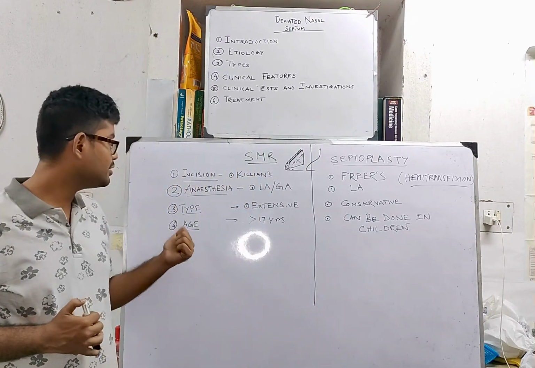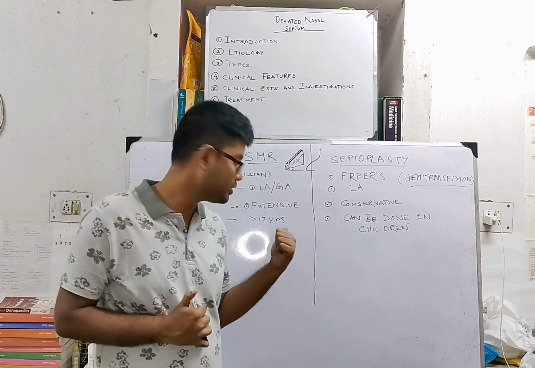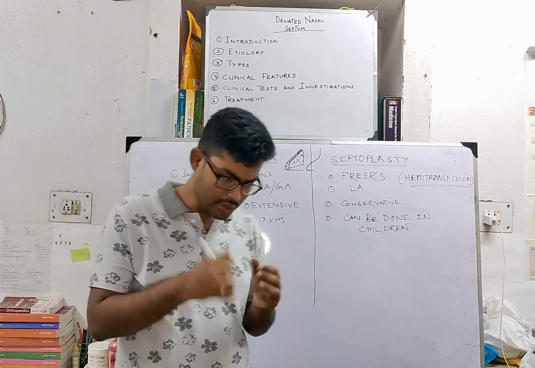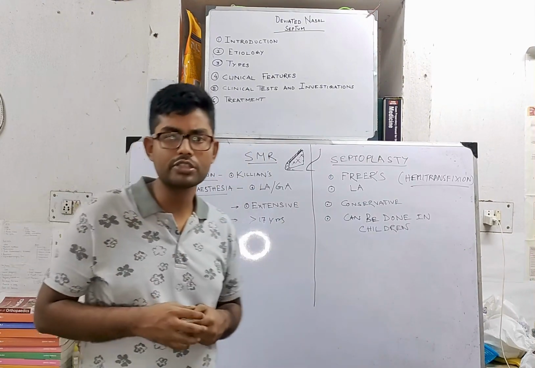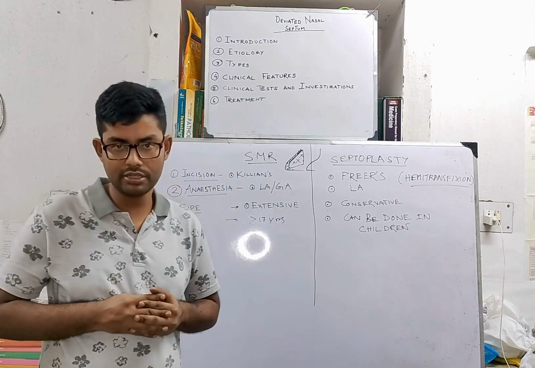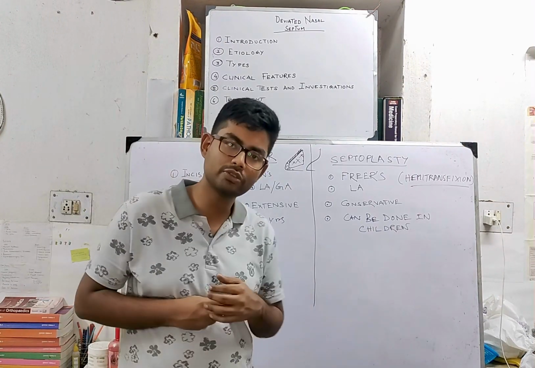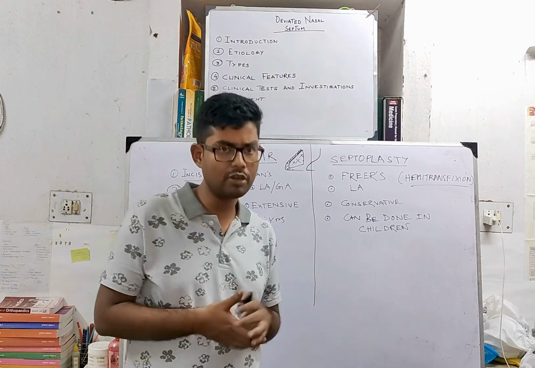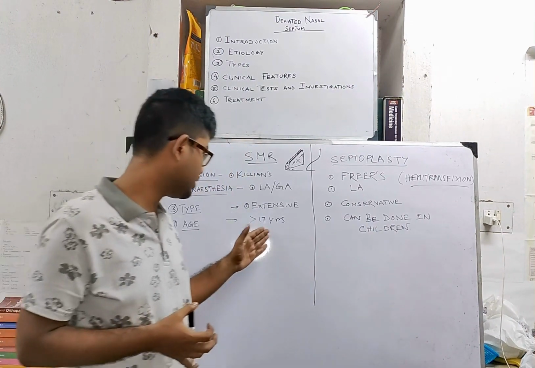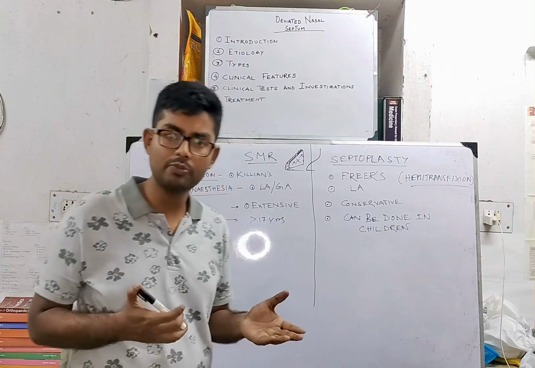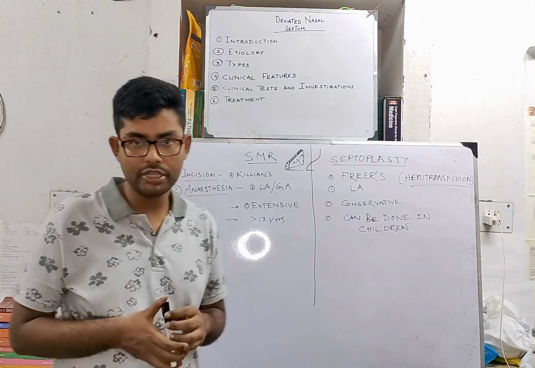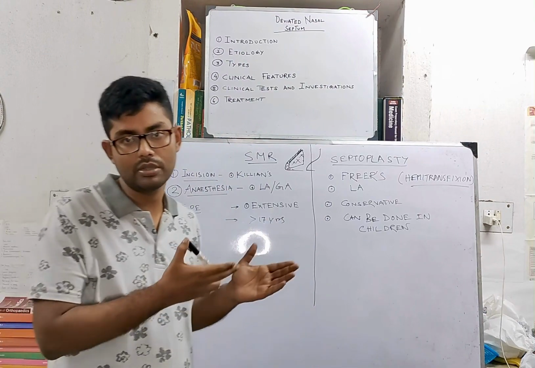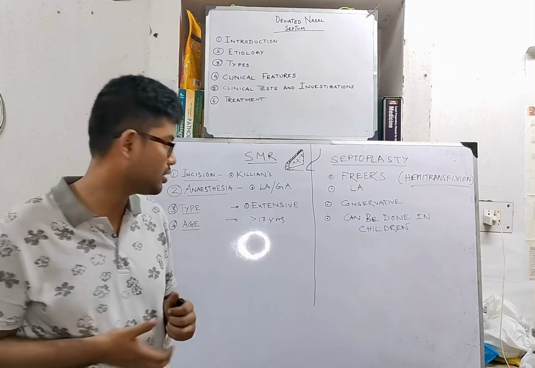So why is SMR operation avoided before 17 years of age? Because the points of ossification of the cartilage are not fully developed before this age. If we perform an SMR operation before 17 years of age, the patient may develop long-term deformities because new ossification centers may arise and the deviated nasal septum may recur.